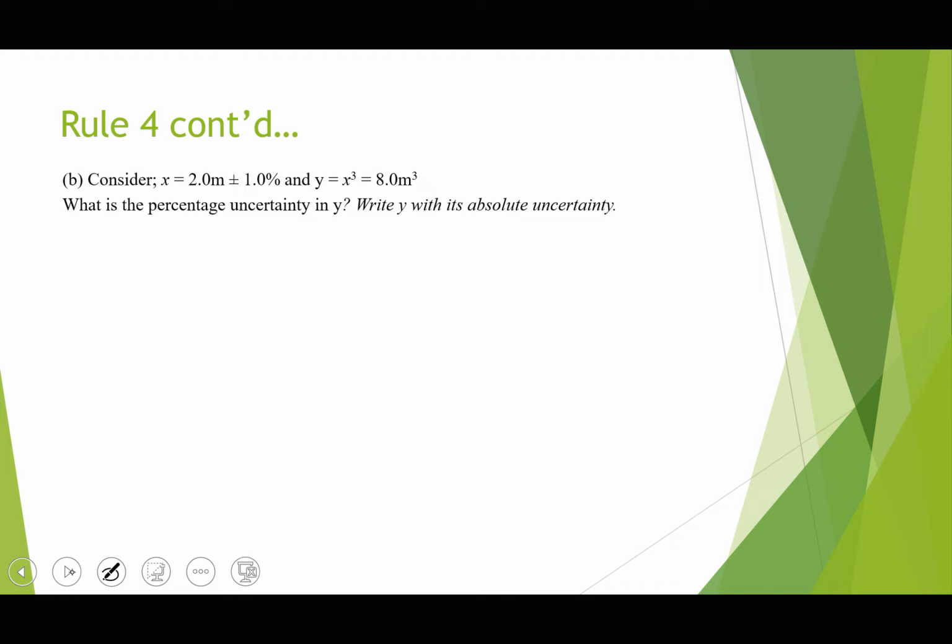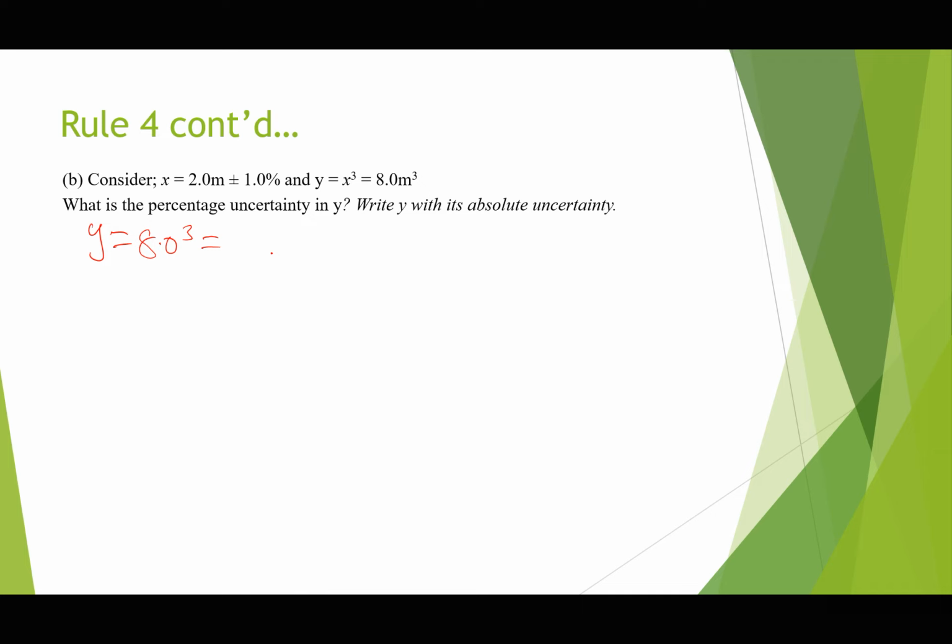Yes, in this example now we have x with a percentage uncertainty and y has been defined as x cubed. So let's see what happens. One, we can begin with the true value of y. Y is going to be equal to 8.0 raised to power 3.